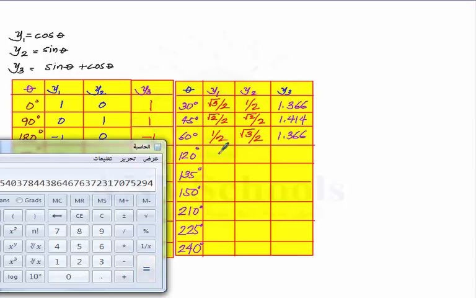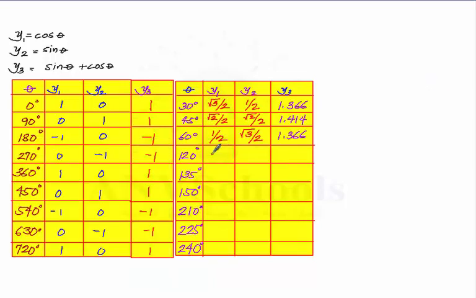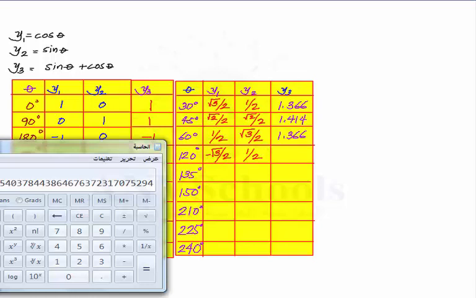Okay, why? Because our cosine is negative and our sine is positive. So we will have negative square root of 3 over 2, and then 1/2. That will give us a value which is 0.3. Is it that one?